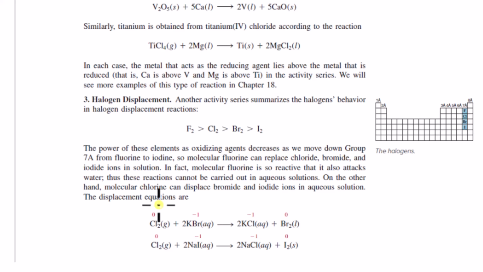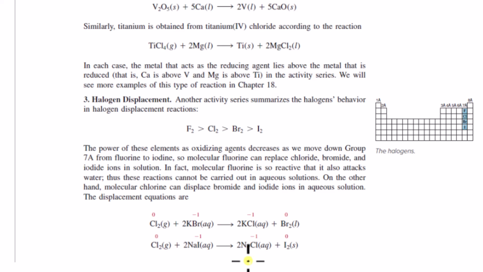Then you also have Cl2 gas pumped into, mixed into the solution. But because chlorine is above bromine and iodine on the halogen activity series, chlorine will push the bromide and the iodide out of their compounds, out of the solution, into their elemental forms.